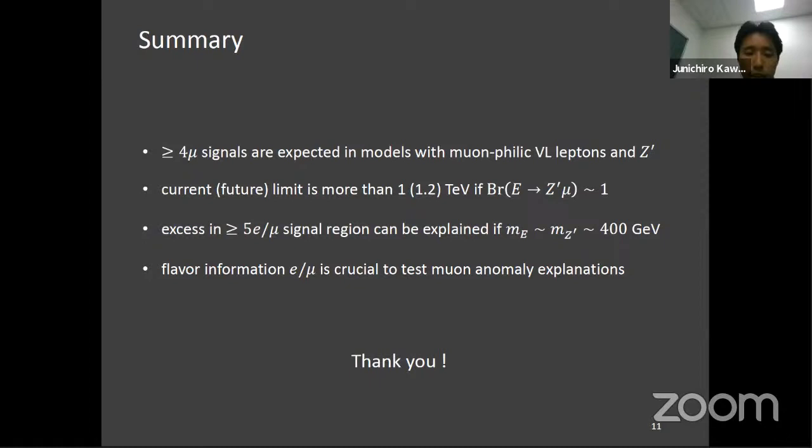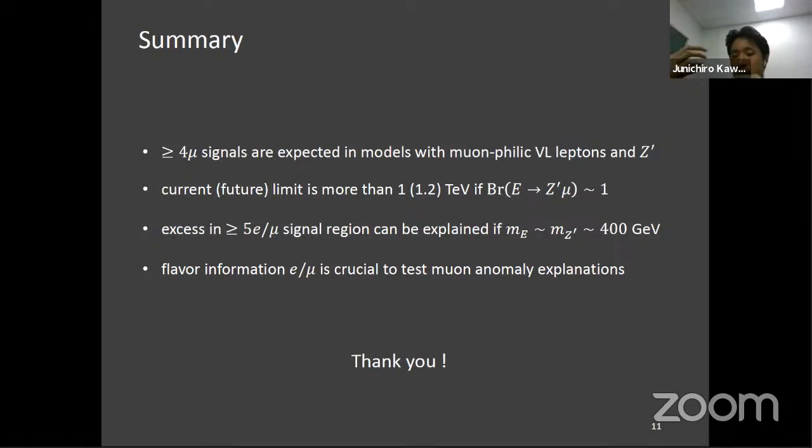For the second question, we put the U1 charges only on the vector-like families. In our model, we also introduced the U1 prime breaking Higgs field.